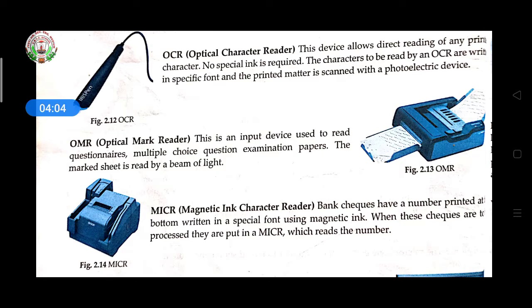So the OMR optical mark reader is used to read these marks, and then it will show the result.